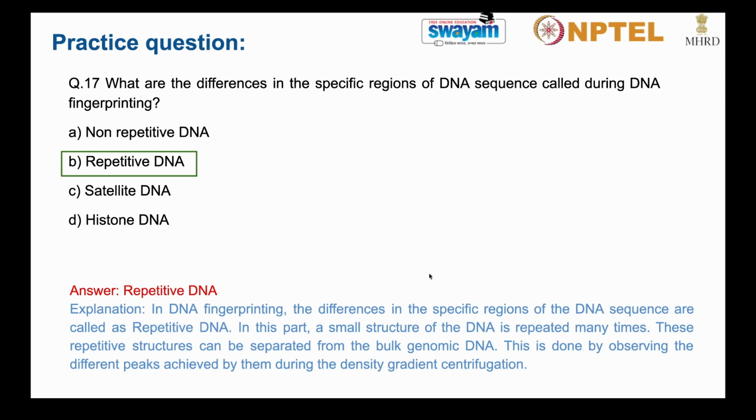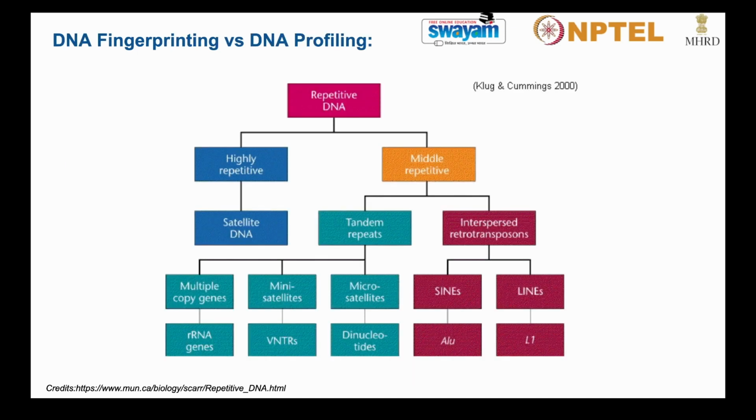Now, for the students who are confused between repetitive DNA and satellite DNA, I would answer that repetitive DNA is an umbrella term for different types of repeats, whereas satellite DNA is a subtype among the repetitive DNA, because repetitive DNA has multiple types. For example, here I have shown you the repetitive DNA can be highly repetitive or middle repetitive. In highly repetitive comes satellite DNA.